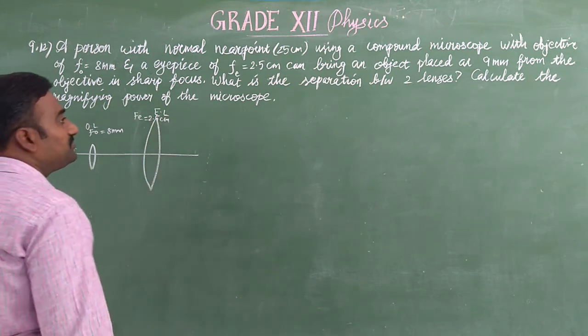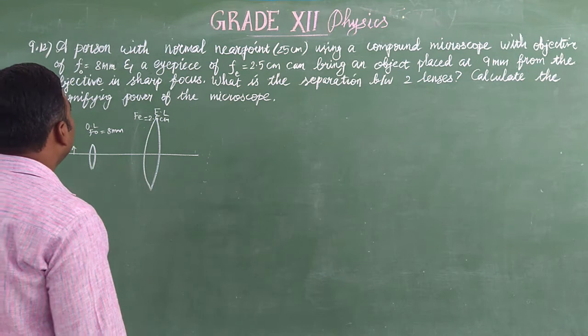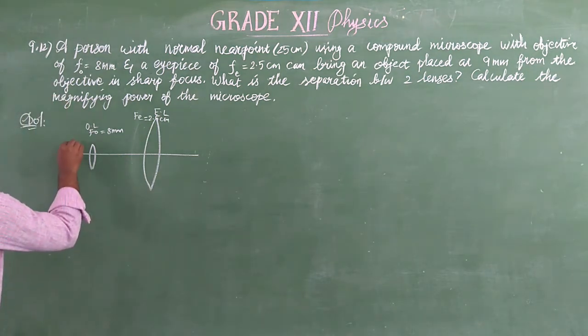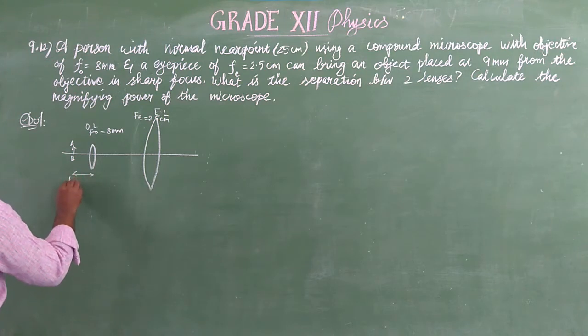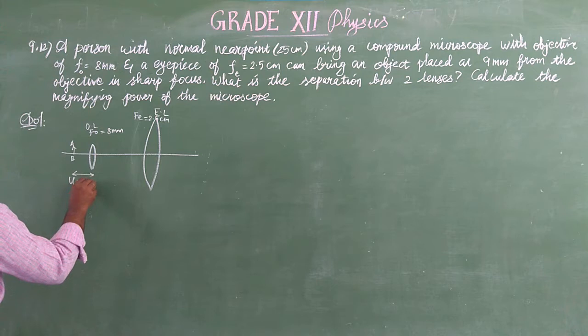It can bring an object placed at 9 millimeter from the objective lens. So AB is the object, placed 9 millimeter away. The object distance is 9 millimeter.